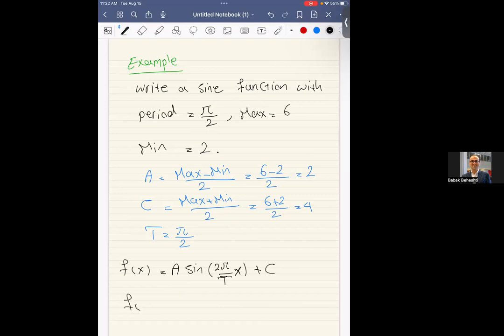So f of x is 2 sine of, so T is pi half, so 2 pi over pi half is 4.